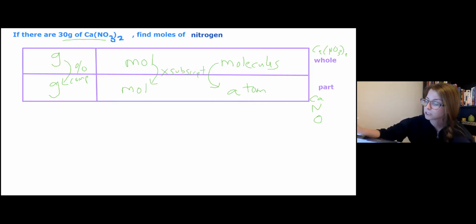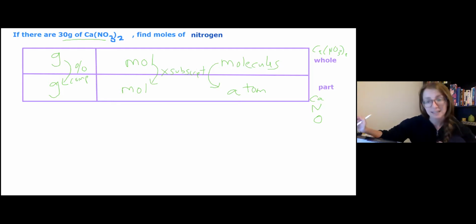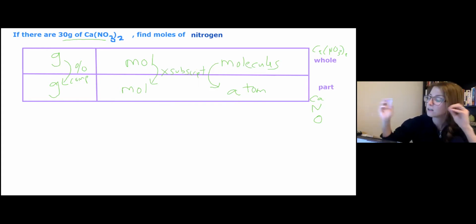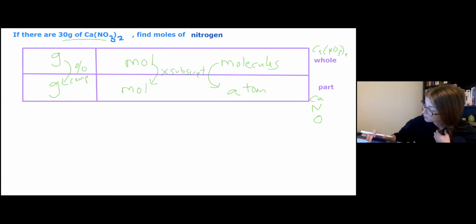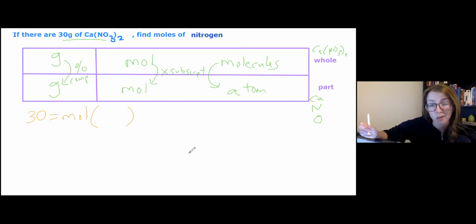So in this particular question, I have grams of the whole. I want moles of a part. That's not something I can do right away in one step. The easiest way, I think, especially because earlier in the quiz you had already found moles of the whole thing, is saying, well, I have grams of the whole thing, so I can find moles of the whole thing as long as I use molecular weight of the whole thing.